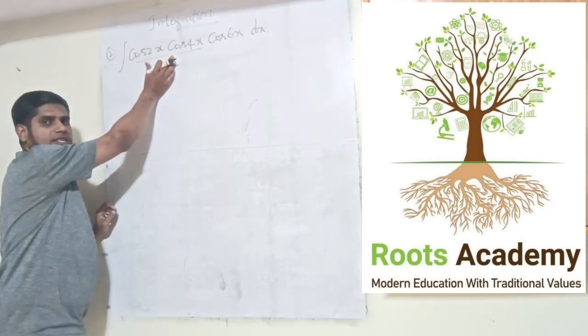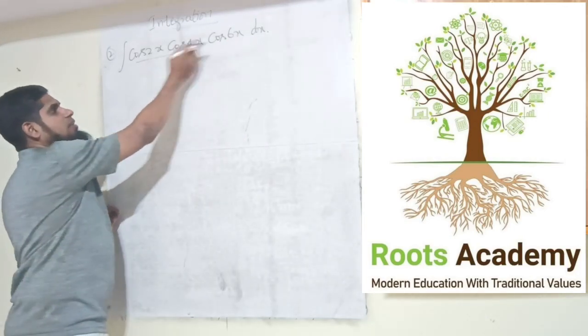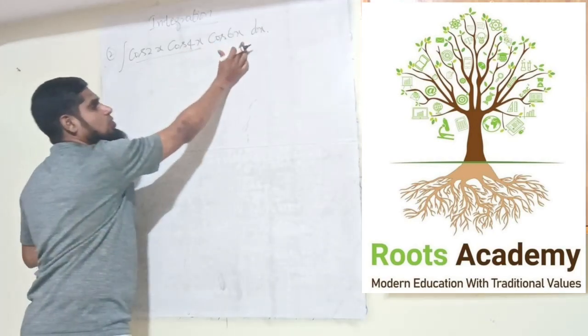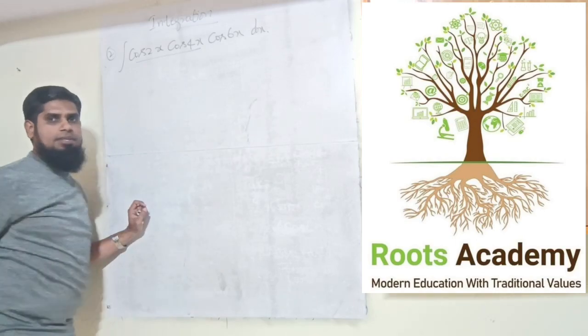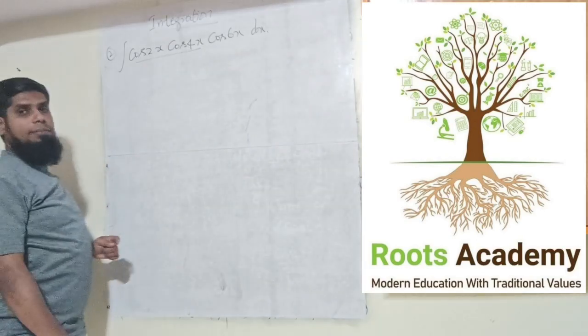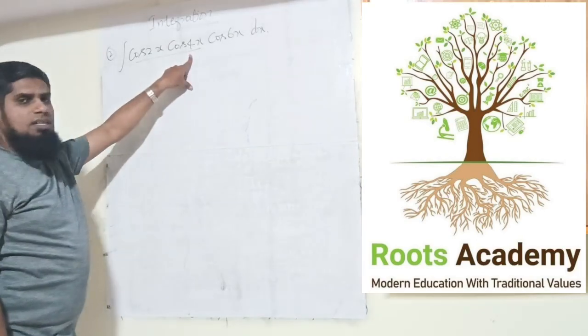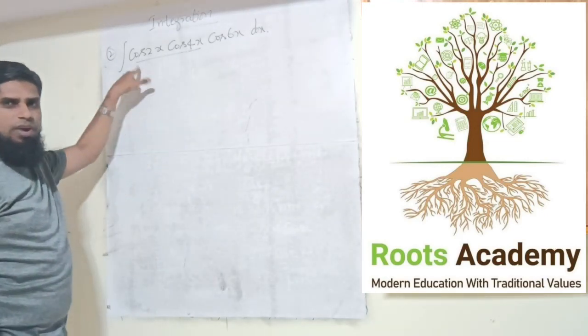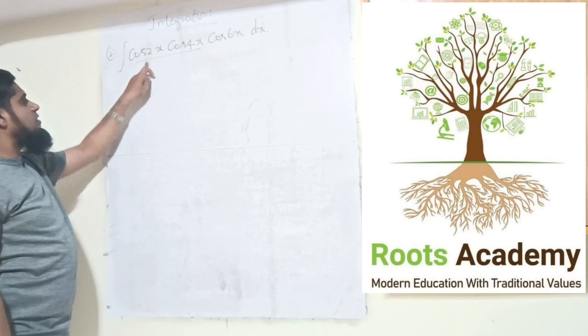After we simplify these two factors, we will multiply that simplification with cos 6x, then we can integrate. If I take the first two factors here, we can also take the last two factors, no issues. Any two factors we can take, so I preferred the first and second.